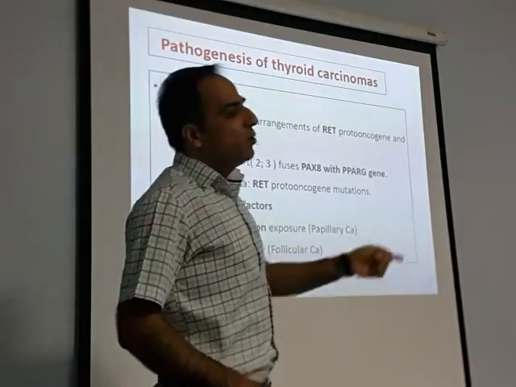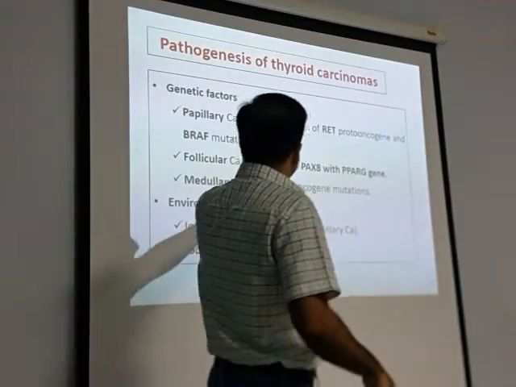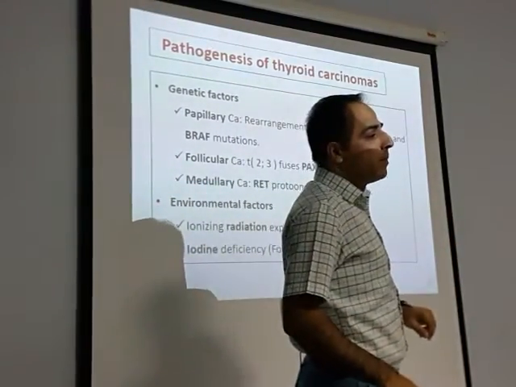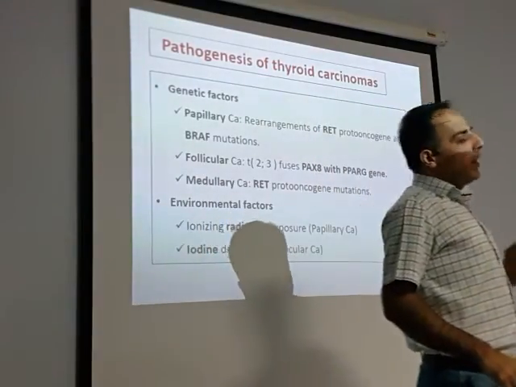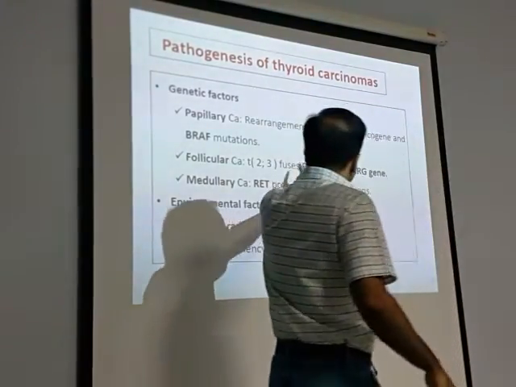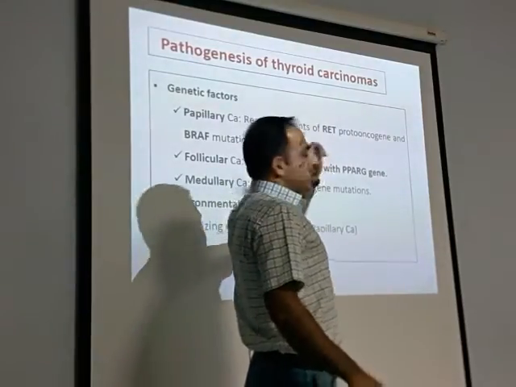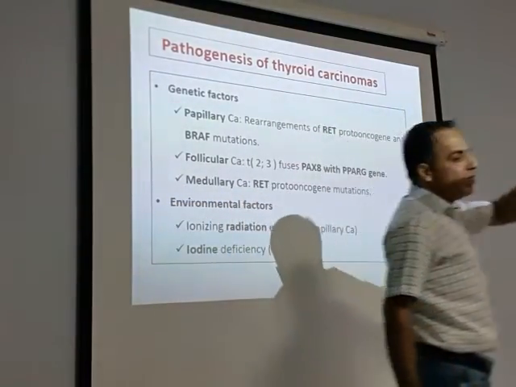In follicular carcinoma, you have a different type. There is a translocation between chromosome 2 and chromosome 3. It leads to fusion of the PAX8 gene with the PPARG gene.